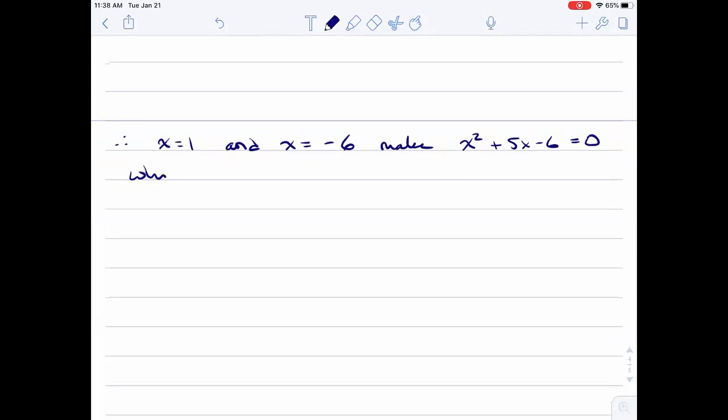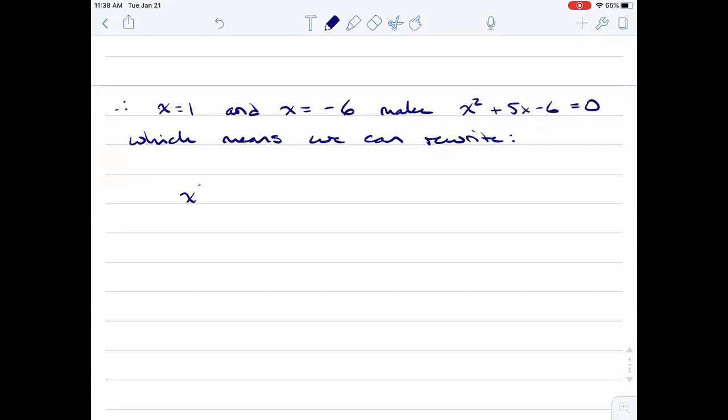Which means we can rewrite and say that x squared plus 5x minus 6 is the same as x minus 1 times x plus 1, or plus 6, sorry.